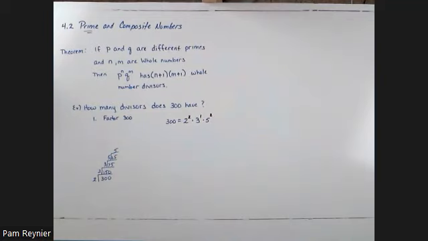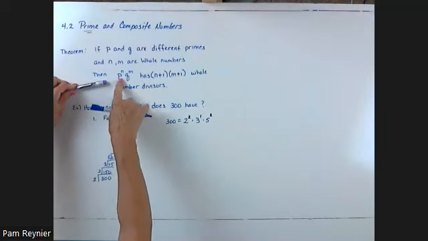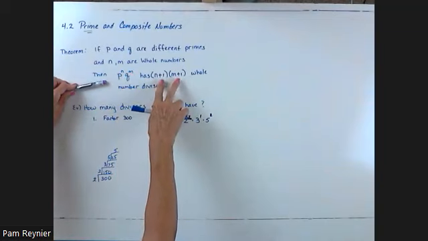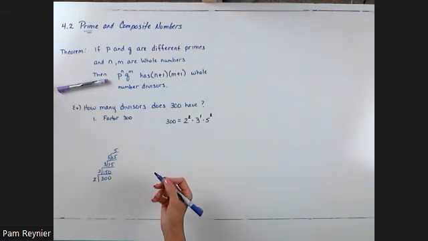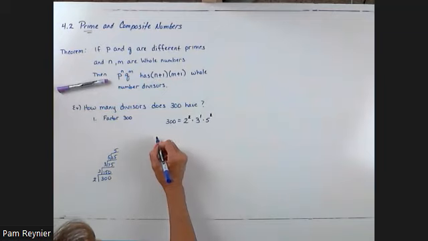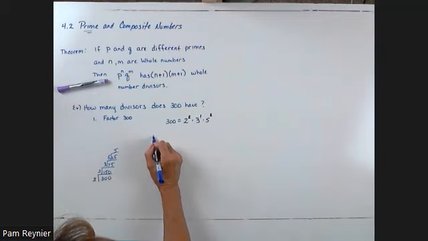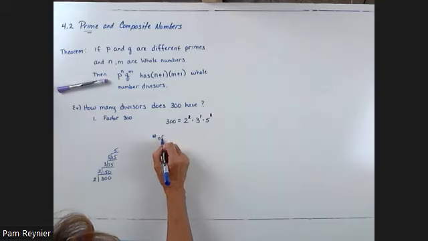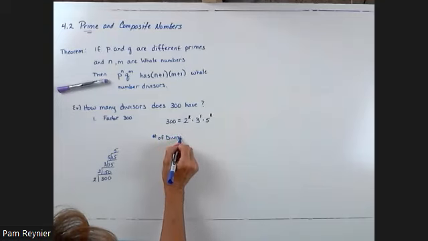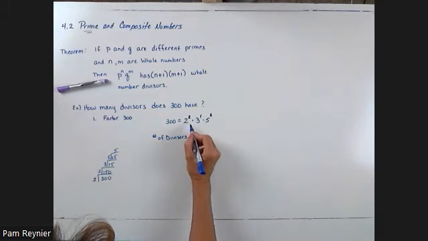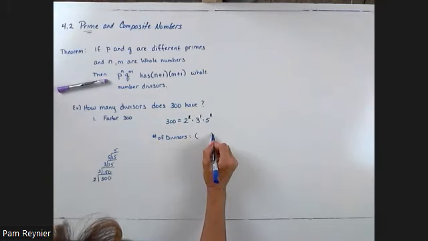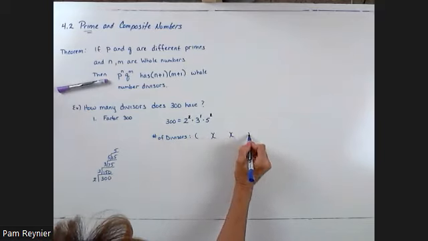Now, if I use this theorem, and I now have it in factored form, all I've got to do is look at the exponents and substitute them into this equation. So the number of divisors. This time, since I have 3 prime bases, I'm going to have 3 of these.